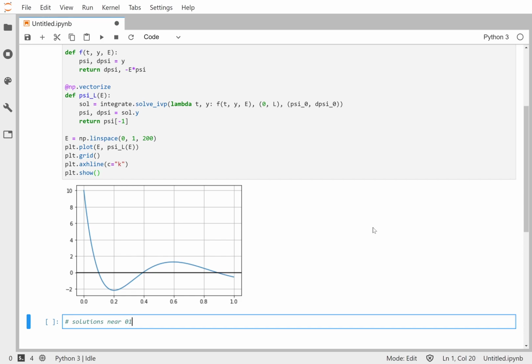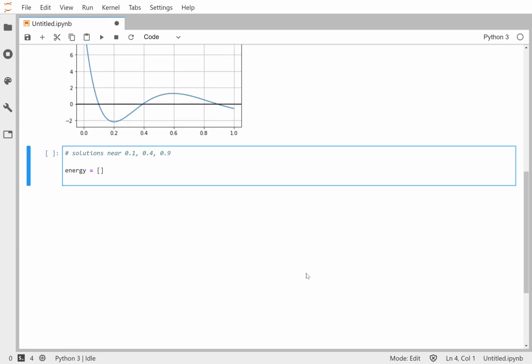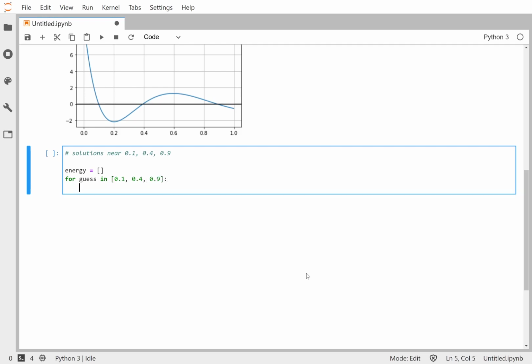So we got solutions near 0.1, 0.4, and 0.9. So what I'm going to do is I'm going to make an empty list to store my results. And then I'm going to go through my list of guesses. And so that's going to be 0.1, 0.4, 0.9. And then for each guess, I want to optimize.